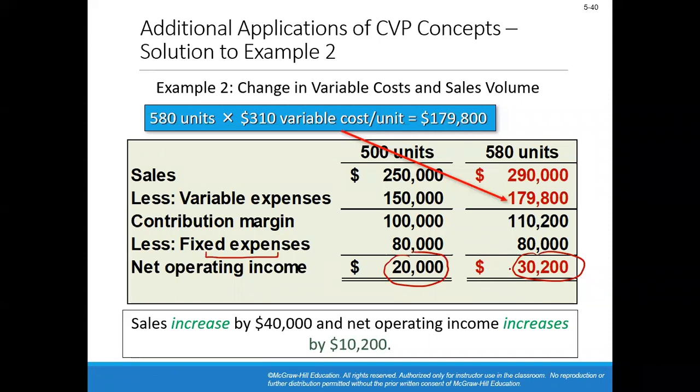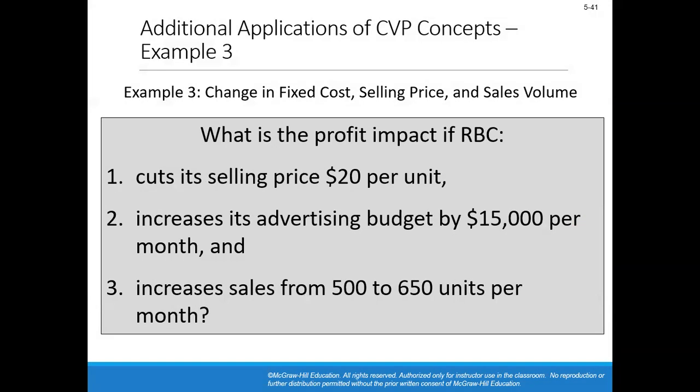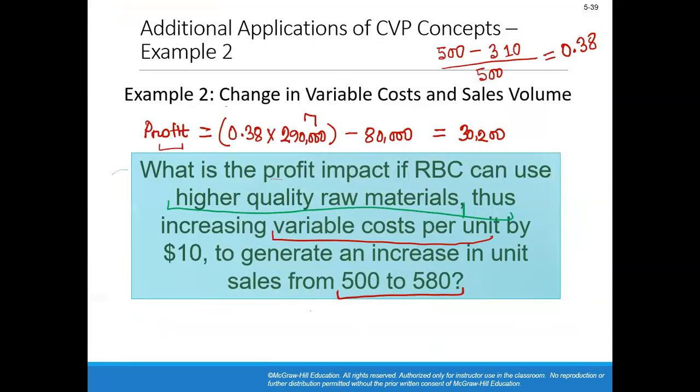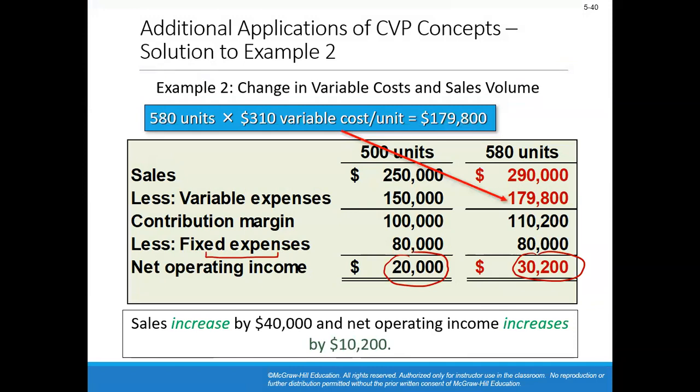And we have the remaining 30,200 as profit as we have calculated in the previous one. Okay. So you see from the previous case of 500 units, there has been a positive change in net profit of 10,200 for the increase of sales by 40,000.